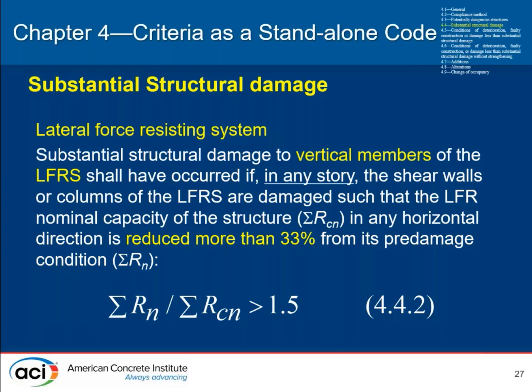The substantial structural damage to vertical members of the LFRS is deemed to have occurred if in any story the shear walls or columns of the LFRS are damaged such that the nominal capacity of the damaged structure, sum R sub Cn, in any horizontal direction is reduced by more than 33% from its pre-damaged condition, which is the sum of the Rn.